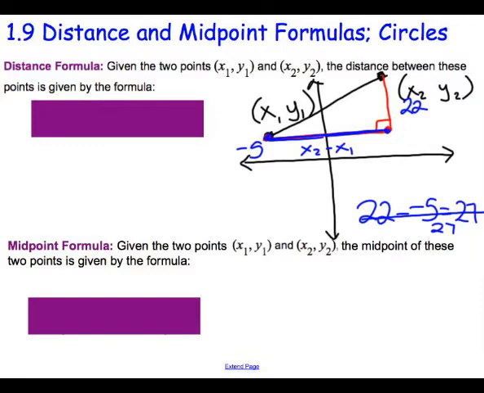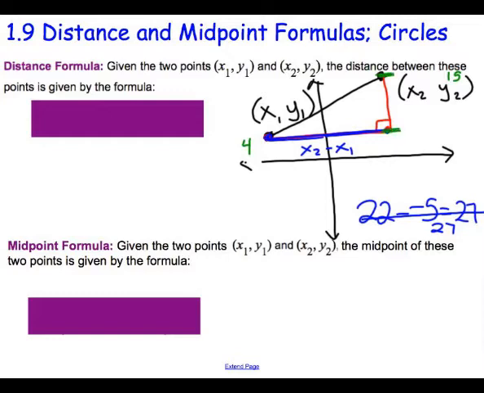The vertical side, the y, let's do another for instance. Let's say the y value for the lower point was 4, and the y value over here was 15. Again, I would still take the difference, because I started down here at 4 and went up to 15.